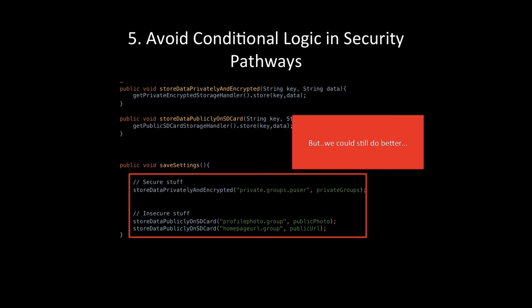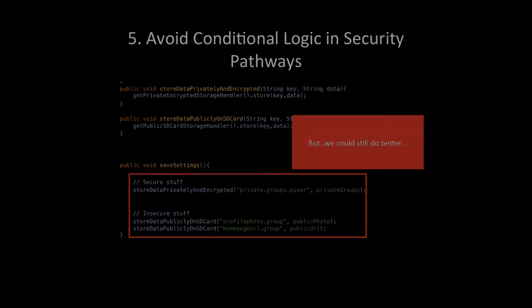We've done a lot to improve the clarity of our interfaces and abstractions that we're providing in our application. And we've also helped to eliminate some of the testing complexity and some of the conditional logic that was there that opened us up to mistakes and security vulnerabilities. But there's still some more that we can do to improve the security of these abstractions and interfaces that we're using in our implementation of them.